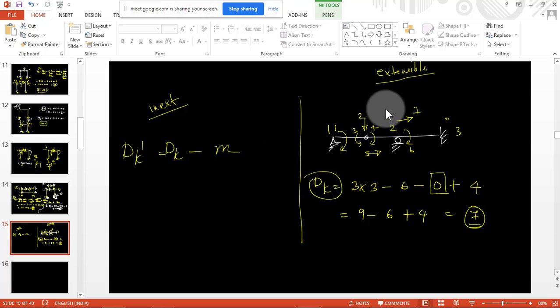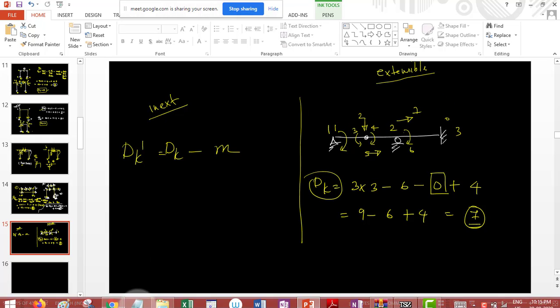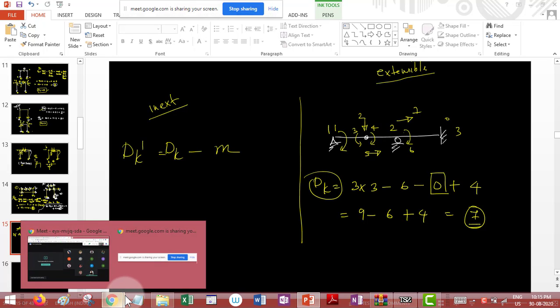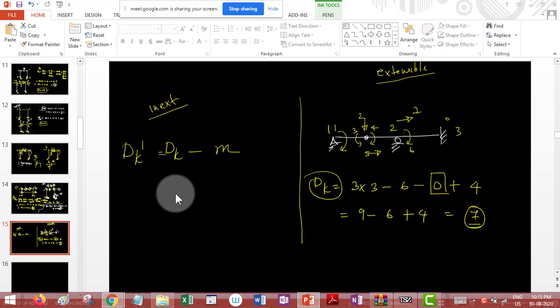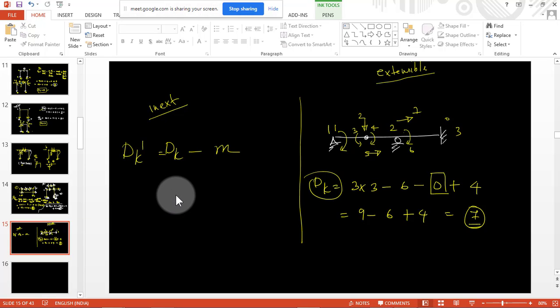If members are inextensible, otherwise I will take a question and solve it. No sir, I got the meaning. You are using the number of inextensible members, so we are subtracting that. But in another formula, the same term was written, I guess, neglecting axial deformation. I'm just asking for confirmation, are both the same?